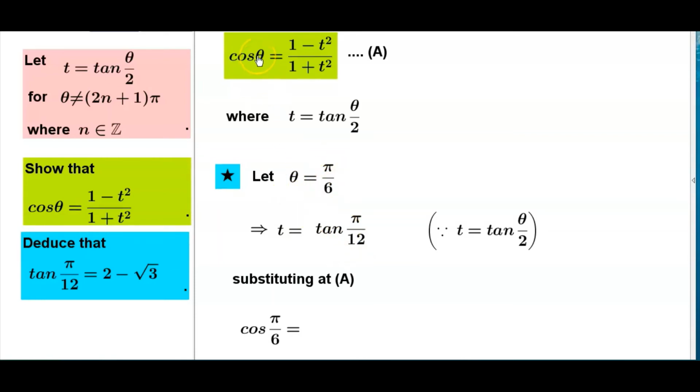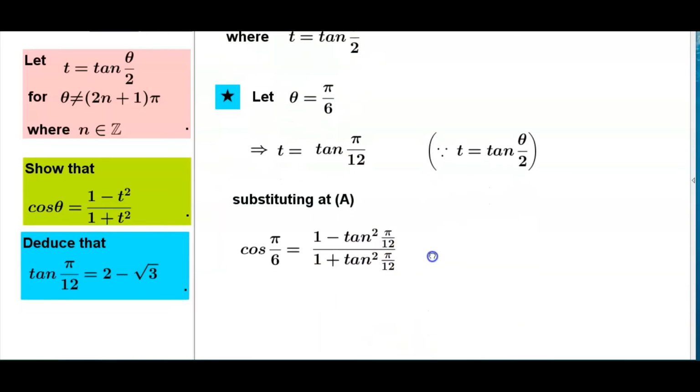So for theta equal to pi by 6, cos pi by 6 is equal to (1 minus tan squared pi by 12) over (1 plus tan squared pi by 12). To simplify, let t equal tan pi by 12.